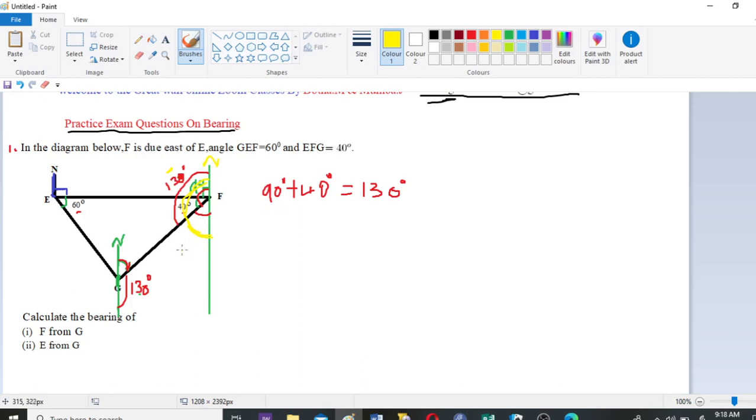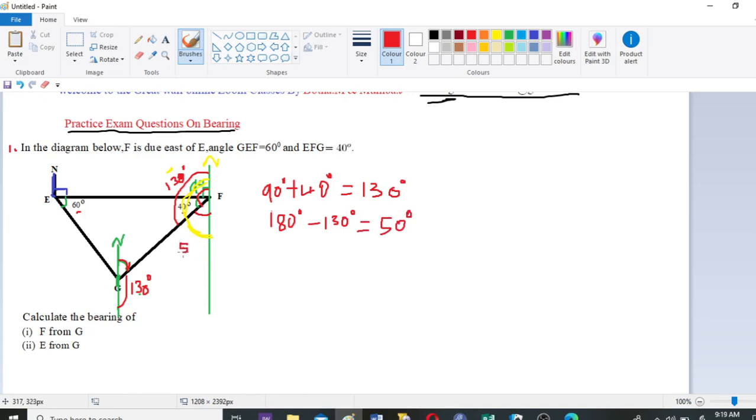Okay, so to find this angle here, let me use now the same color, we'll say 180 degrees minus 130 degrees. This is giving me 50 degrees as an angle here.